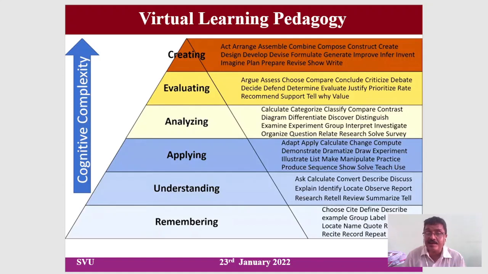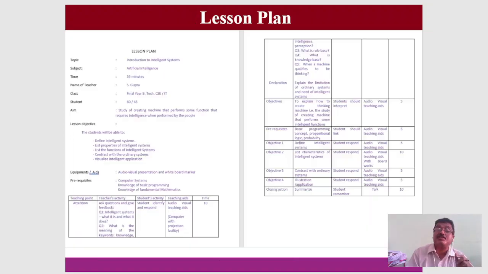And again, I reiterate that not all classes may provide all these levels of Bloom's taxonomy. It may take a reasonable number of classes before accomplishing all the levels of Bloom's taxonomy. So that's the point we needed to share.